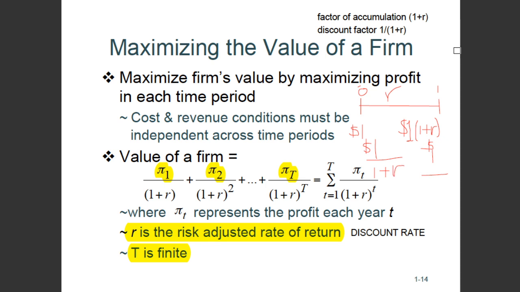It would be worth 1 over 1 plus R, which is a smaller number than $1, right? Because it's divided by a number bigger than 1. So this amount is smaller than that amount.